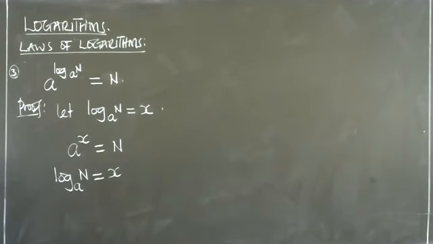Log a of n is equal to x, therefore this one is equal to this. We're saying let log n base a be equal to x, implying that a power x is equal to n.